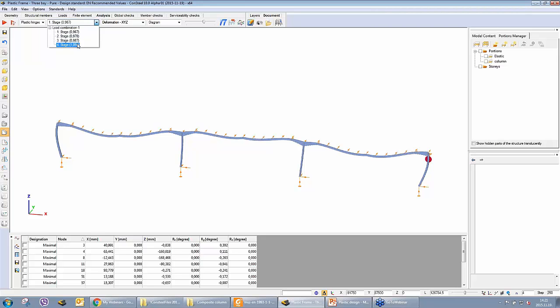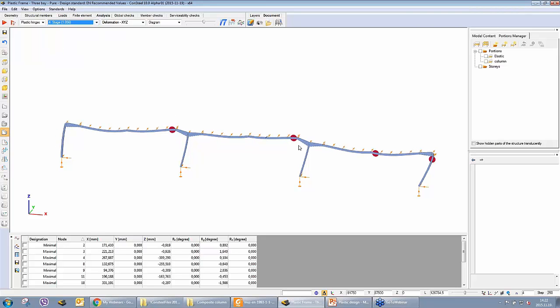We also see that only the 4th plastic hinge, the last one, is above the design load level, so above 1. There can be a question: earlier we had 6 plastic hinges, now we have only 4 plastic hinges. What is the reason for that?